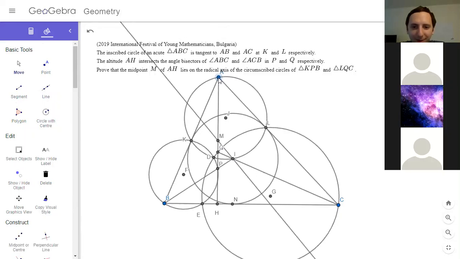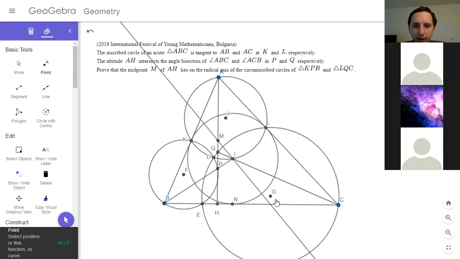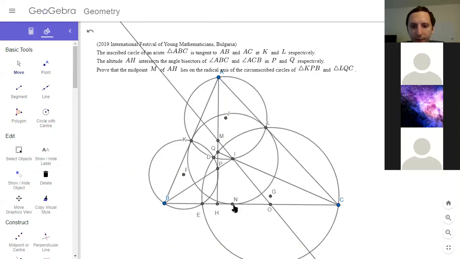Yeah. Okay. So we would have like OC is equal to BN, right?